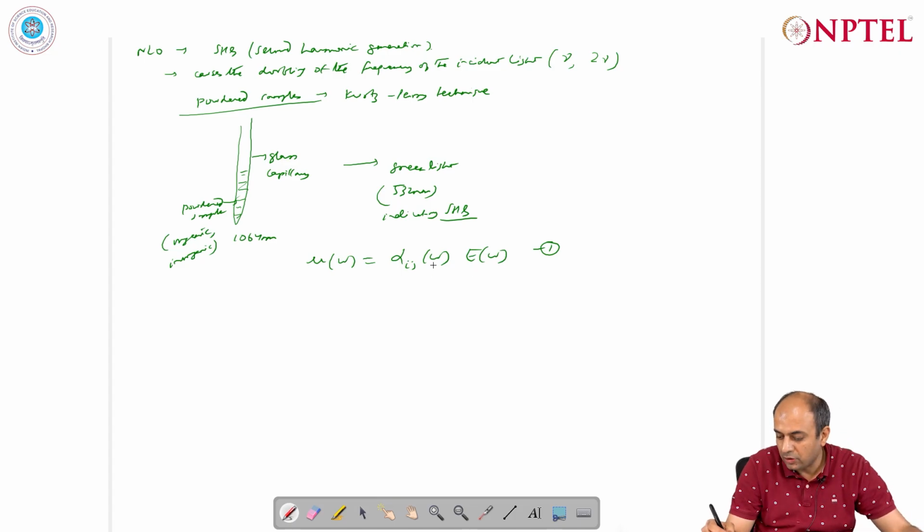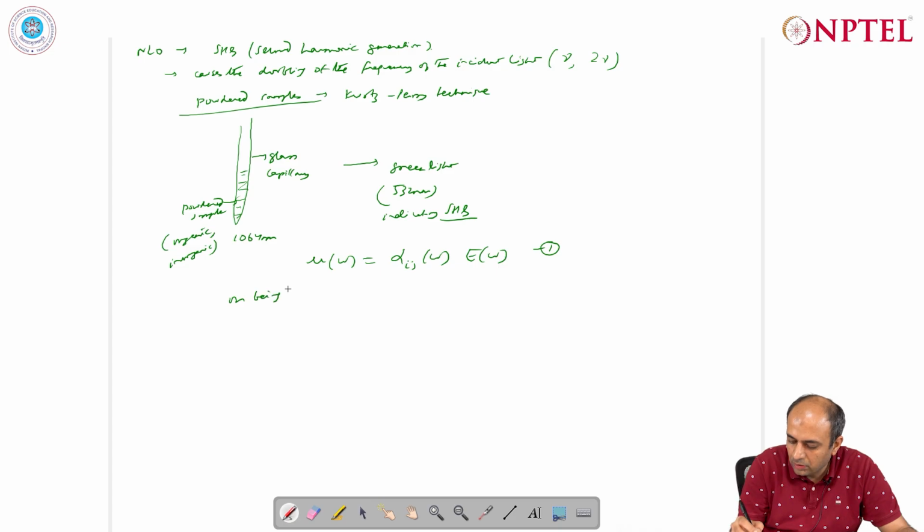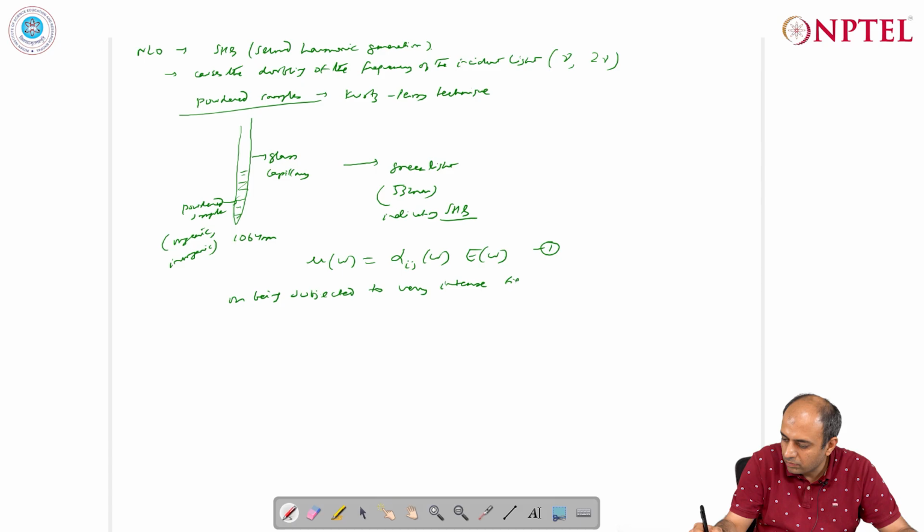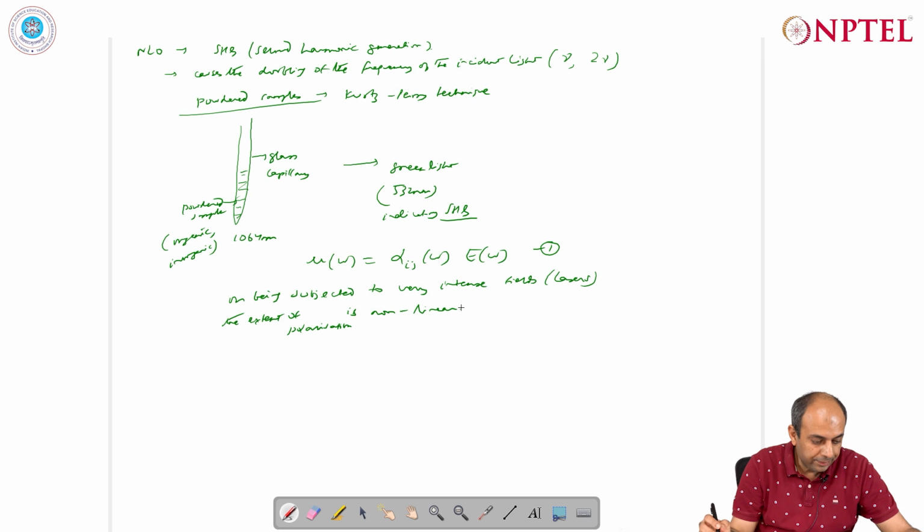To start with, the linear component is alpha ij omega, but when you subject the sample to very intense fields, for example lasers, then the extent of polarization induced in the sample is nonlinear.